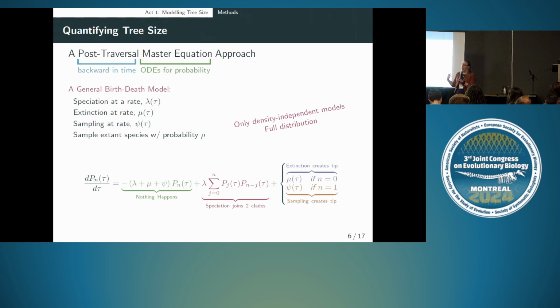And so we can't incorporate things like density dependence, because that depends on how many lineages had arisen already and not what happens in the future. So it's going to only work for density independent models, but it's really nice in that it has a natural interpretation. So we can look at this equation, we can say, this is the term for things when nothing happens, this is what happens when we have speciation, here's what happens when we have sampling. So it's very naturally interpreted.